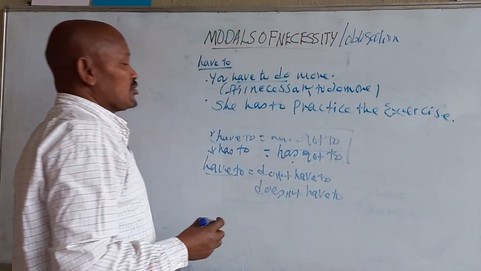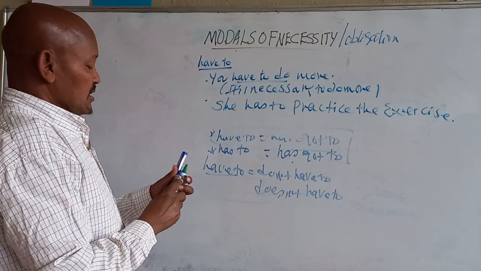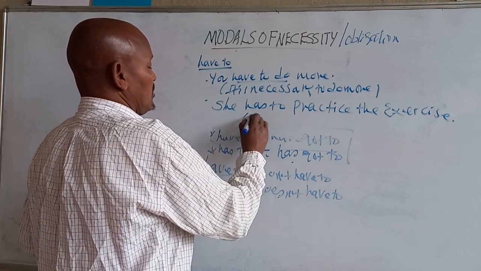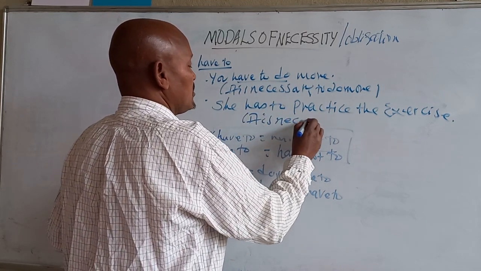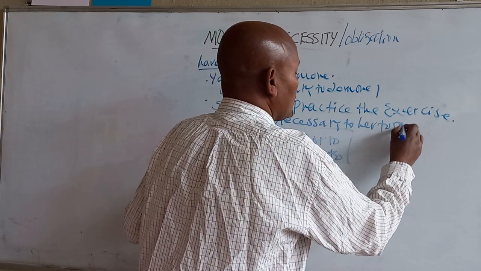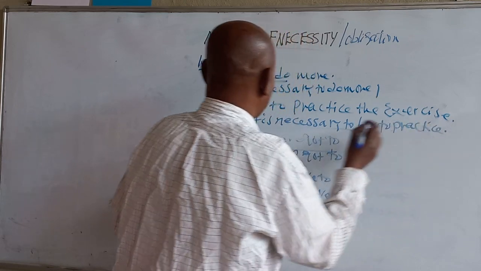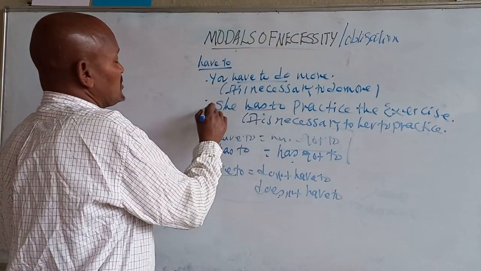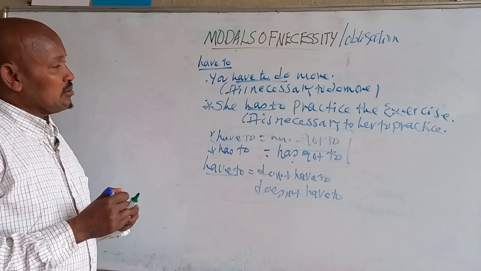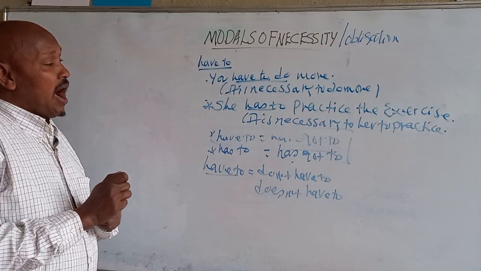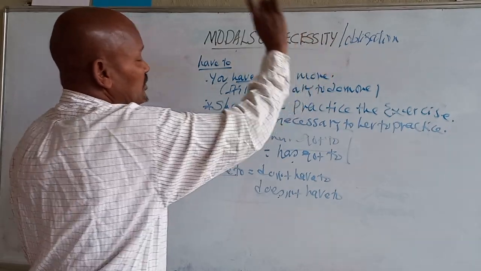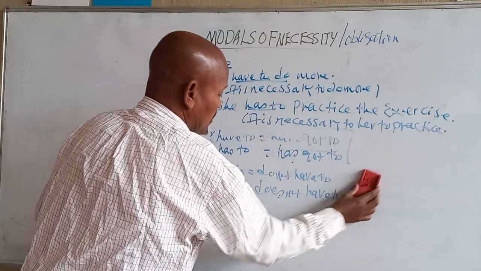Has to practice means it's necessary for her to practice, which is necessity. This one is singular, and the other is plural. So have to plus verb 1, has to plus verb 1. Both these examples show necessity.